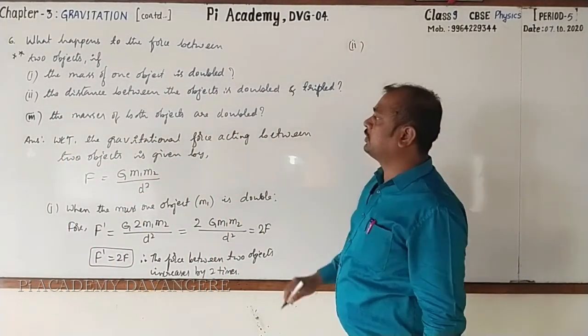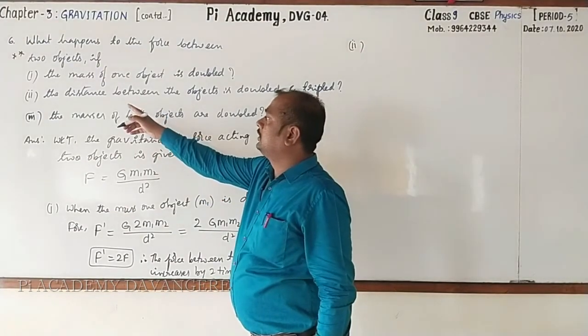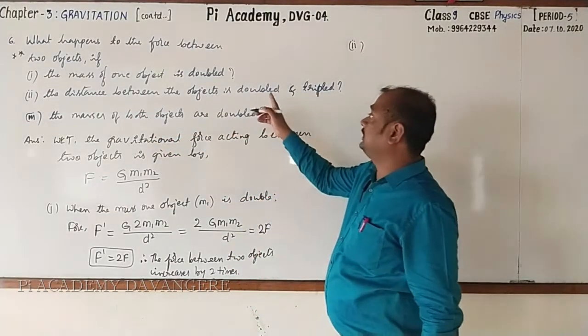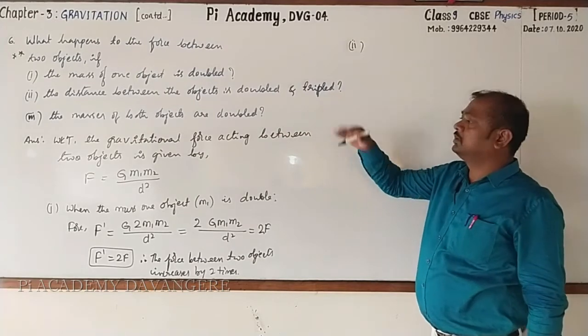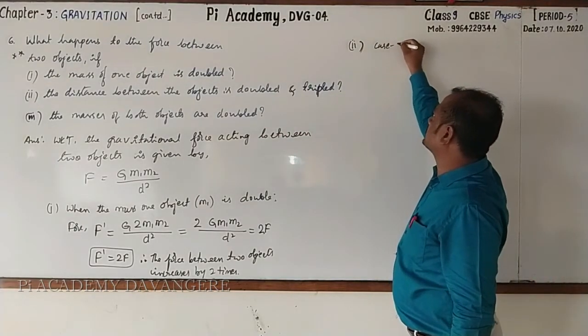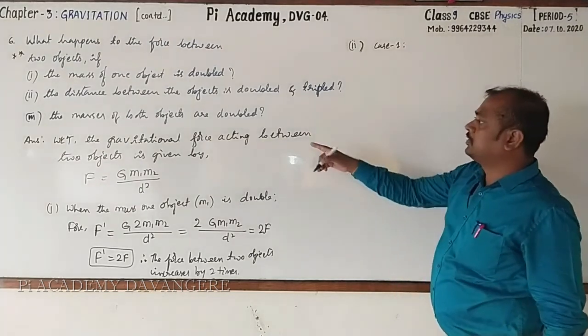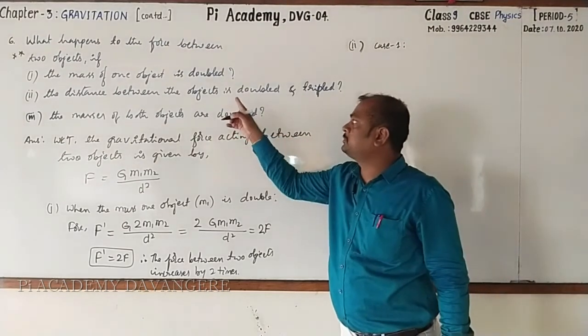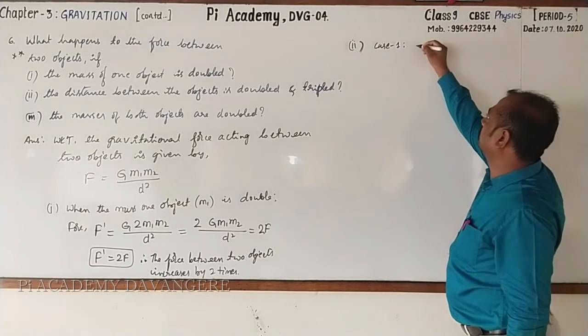What is the second one? The distance between the objects is doubled and also, next case, tripled. In the second one, there are 2 cases. I take case 1. What is that? The distance between two objects is doubled.